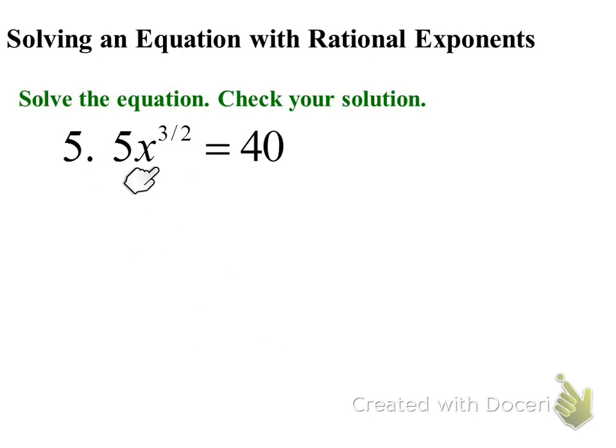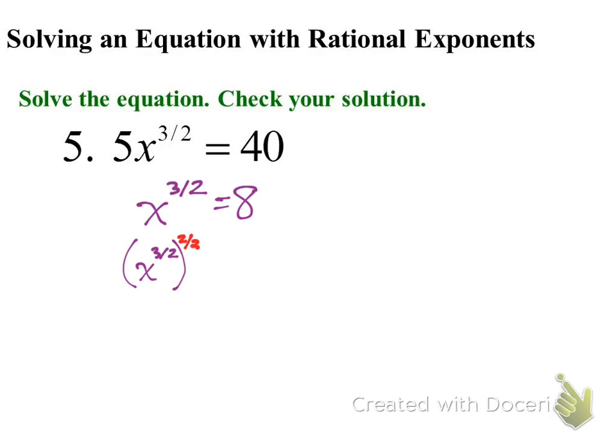So again, we've got 5 times x to the 3/2 equals 40. I will need to divide by that coefficient. To get rid of this 3/2 power, I'm going to have to raise both sides to a reciprocal power. Oop, oop, oop.